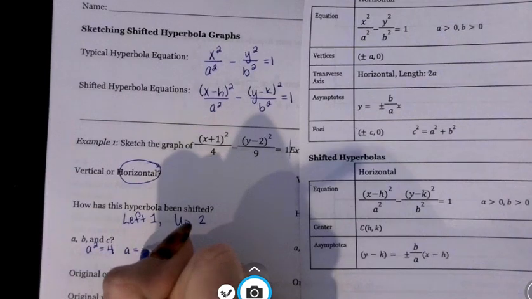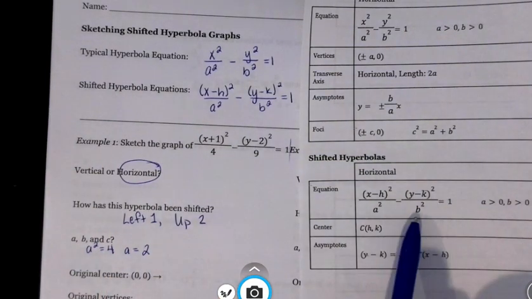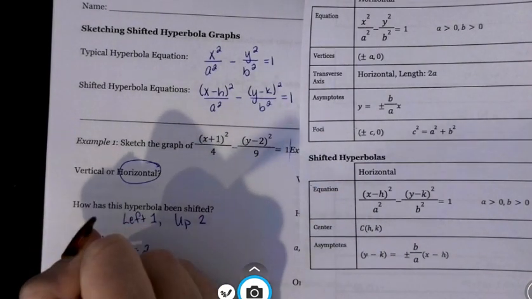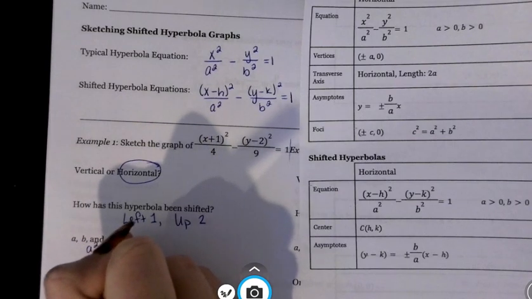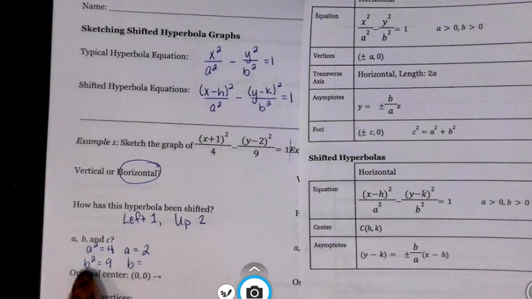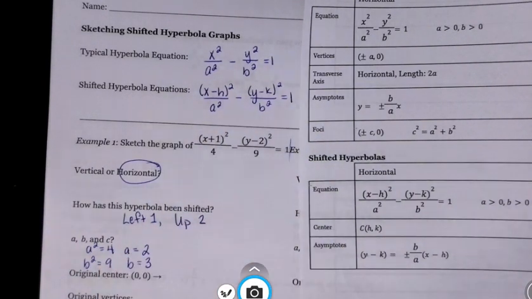Well, the square root of 4 is 2, so I know a is 2. B squared is the number that is underneath my y for this problem, so b squared is 9. So if I just want regular b, I have to take the square root of both sides. Well, the square root of 9 is 3. So I have a and b.